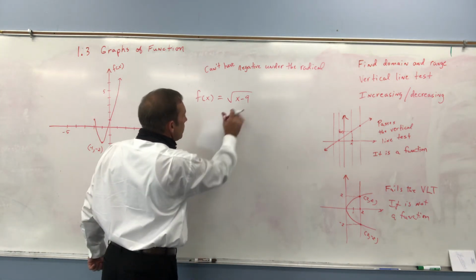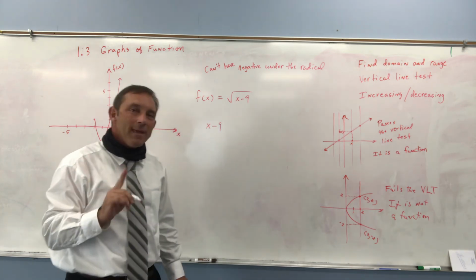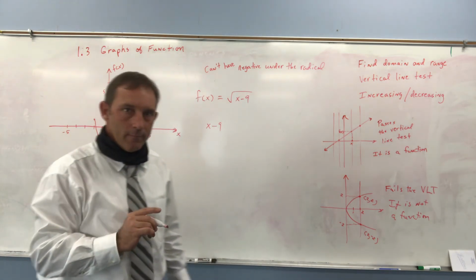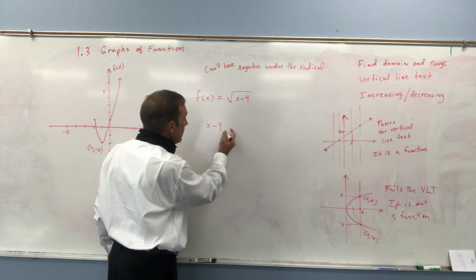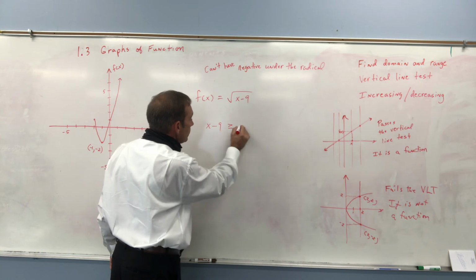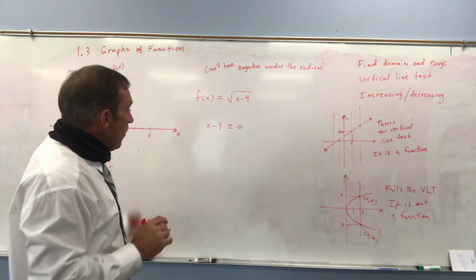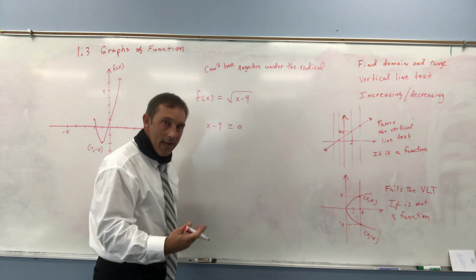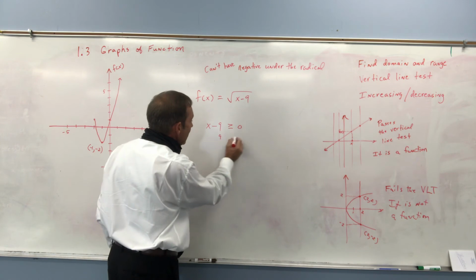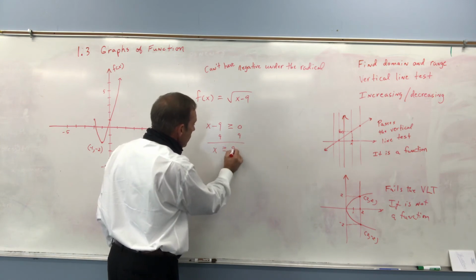What we're saying is that this quantity x minus 9 needs to be non-negative. And the way you would say that mathematically is it needs to be greater than or equal to 0. Now, we can solve this inequality so that it's specifically talking about x, by adding 9 to both sides of it. And you find that x has to be greater than or equal to 9.